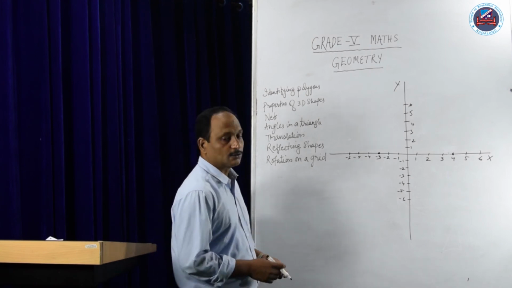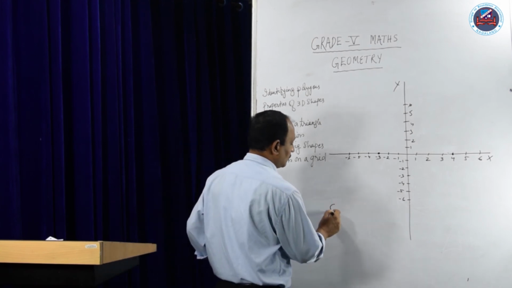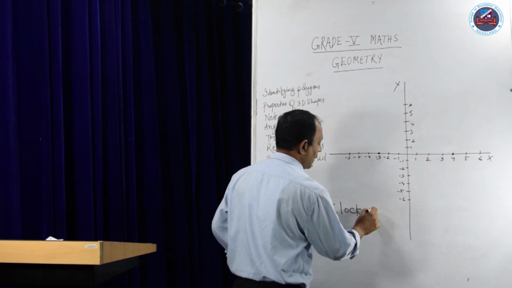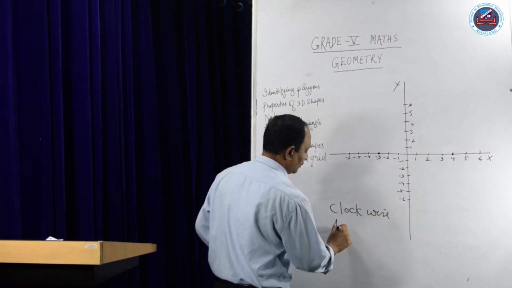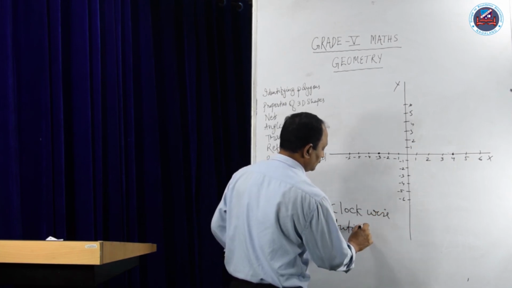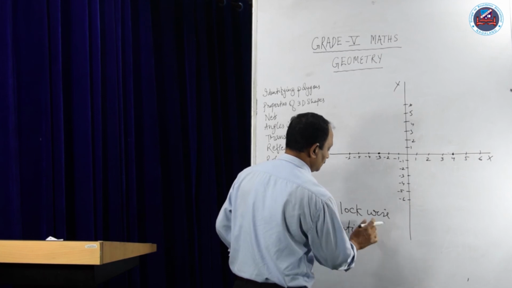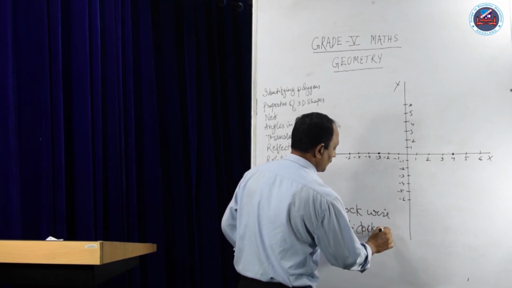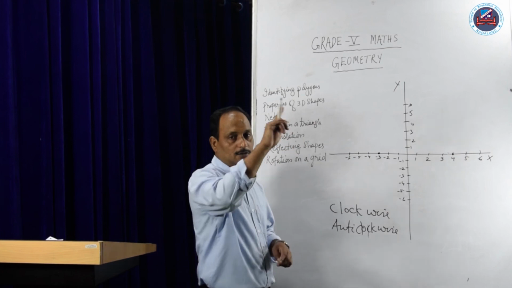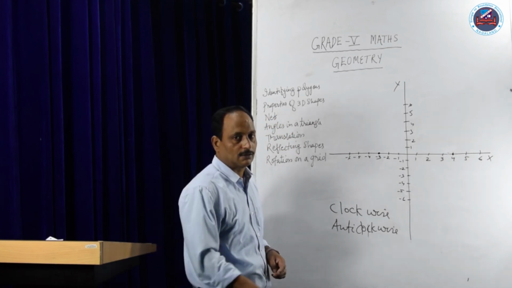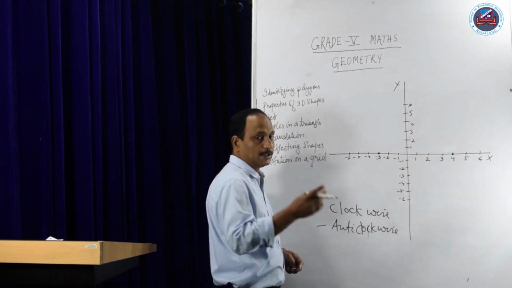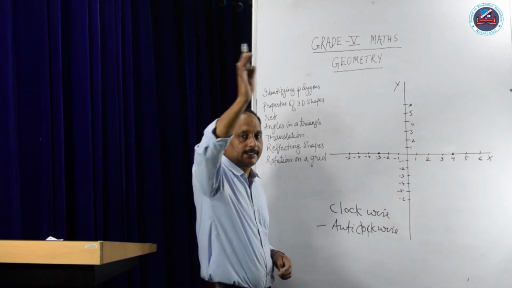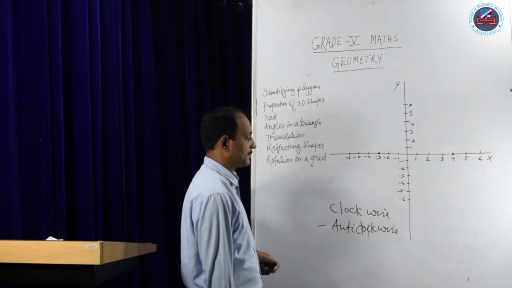Rotation should be either clockwise or anti-clockwise. Clockwise means the way a clock moves, from the right side onward, and anti-clockwise means the opposite direction, from the right side towards the left side.